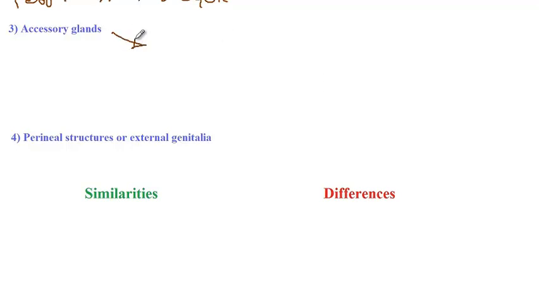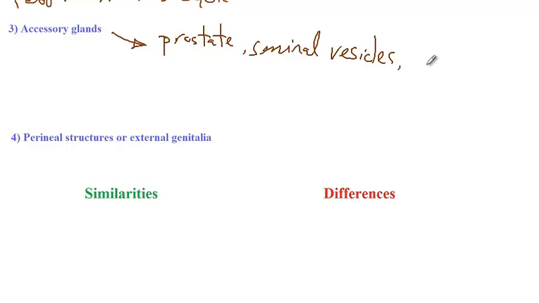So in other words, the accessory glands in males include prostate, seminal vesicles, and bulbourethral gland. And we will go in a little more detail regarding every one of these structures in our next video. Here I'm just summarizing all the findings.